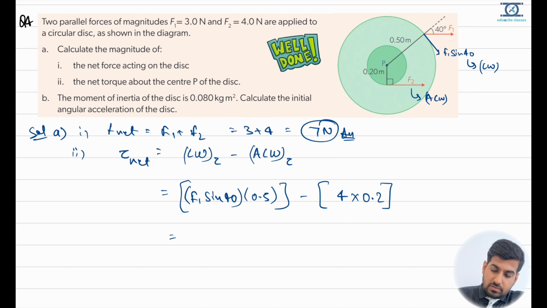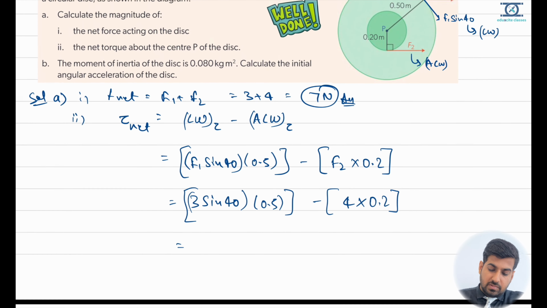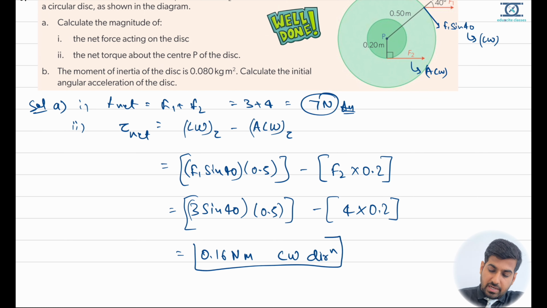So this will be 3 sine 40 times 0.5 minus 4 into 0.2. I have already done the calculation. You will get something near 0.16 Newton meter, in the clockwise direction. You have to mention the directions also, otherwise you will lose marks.